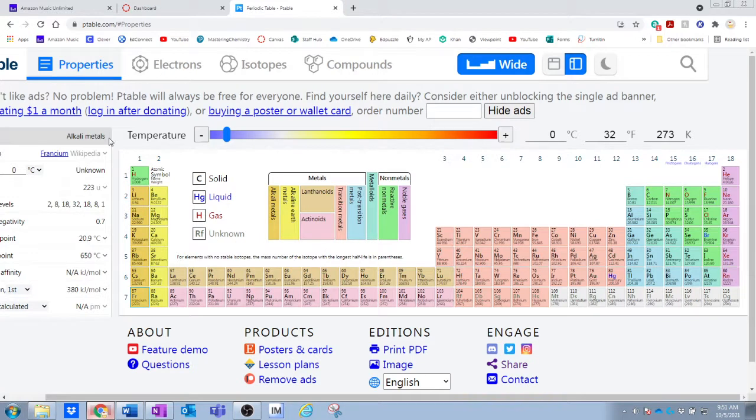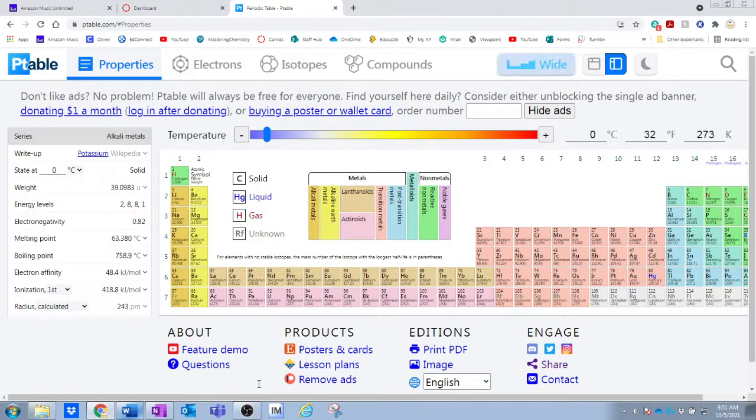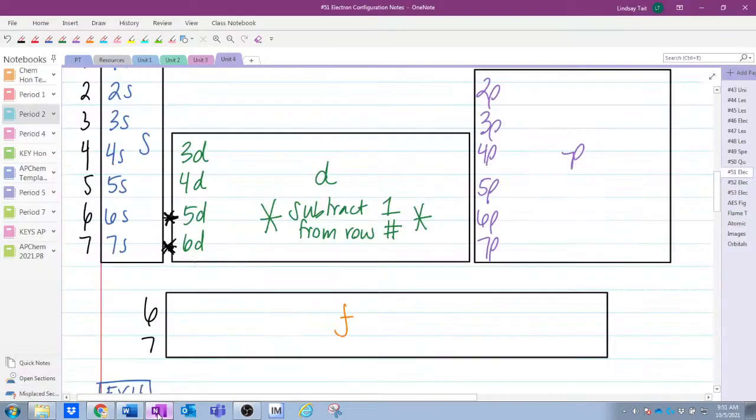That's your F block. All right, so let's pull that back. So that's why I put these stars here, because this is where your F block would have been inserted. So once again, to get things in order by energy, for the F block, what we're going to do here is we are going to subtract 2 from the row number.